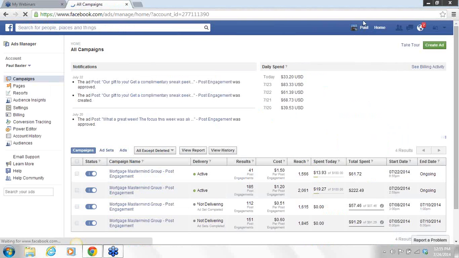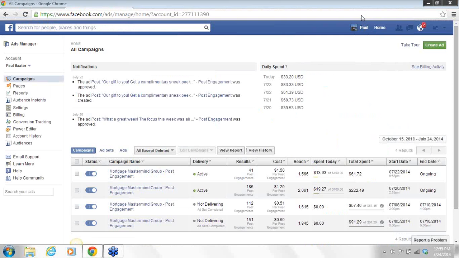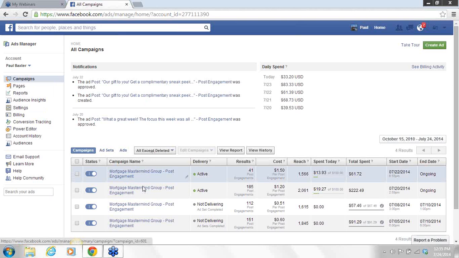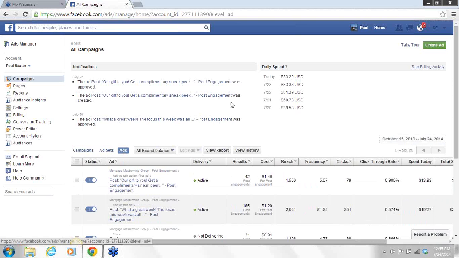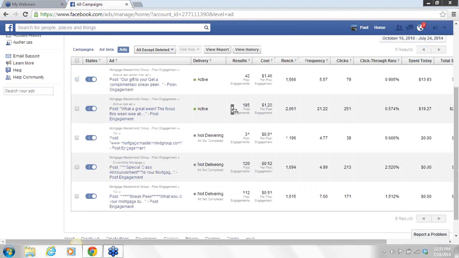Now, one of the things that you may find yourself needing to do is editing an ad. When I come into my ads manager, by default it comes to campaigns, and each one of these is its own campaign. To change the actual ad, I would go to Ads. So now I'm looking at the actual ad itself.